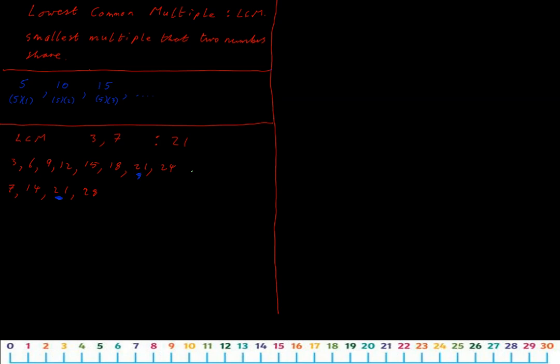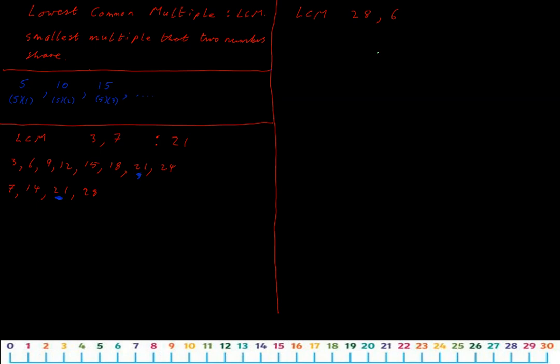So let's go on and look at an example where the numbers are bigger, and writing out a list of the multiples would start to get very irritating. So that's what we want to do now. Now let's have a look at the lowest common multiple of 28 and 6.